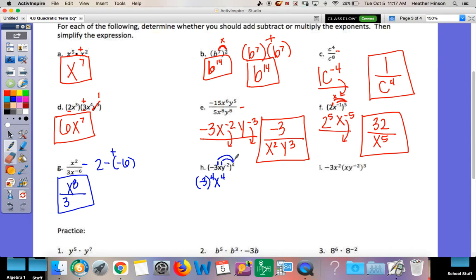And y to the negative 2 times 4 is y to the negative 8. So negative 3 to the 4th is negative 3 times negative 3 times negative 3 times negative 3. That gives me 81. x to the 4th is fine. But our negative exponents, they have to flip down. So it's going to go to the bottom and become positive.